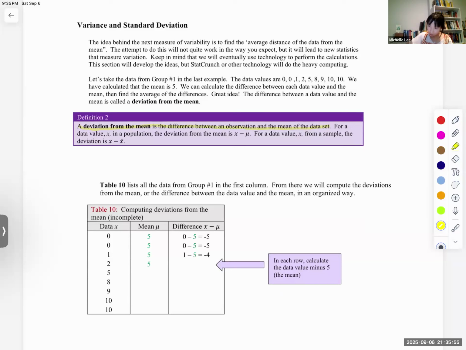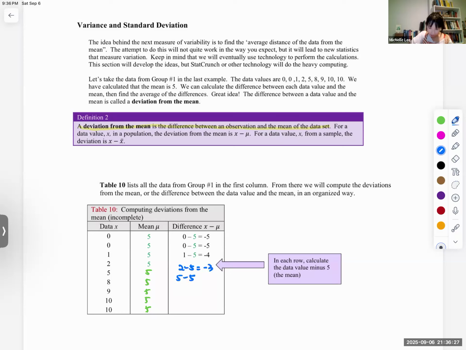So they have a mean of 5, 5, 5, 5, 5, right? And then we will use 1 minus 5 in that case. So 2 minus 5, negative 3, right?